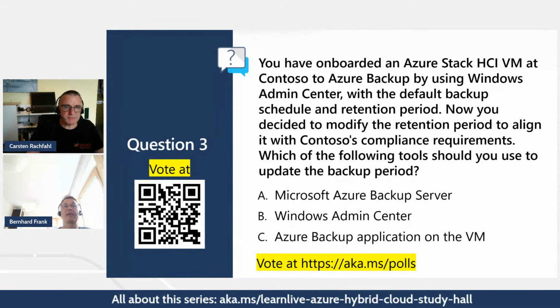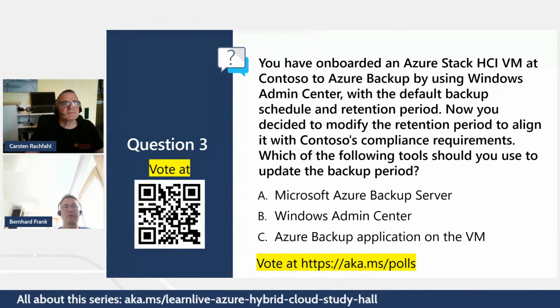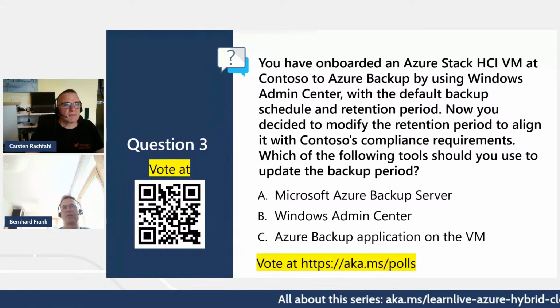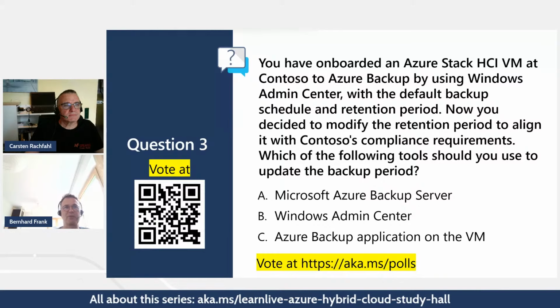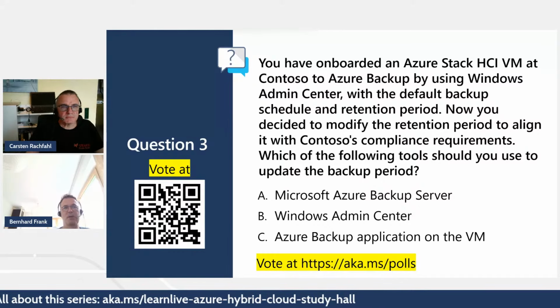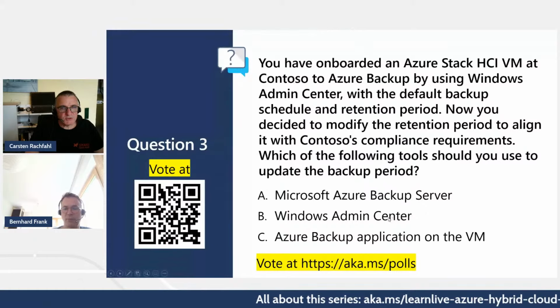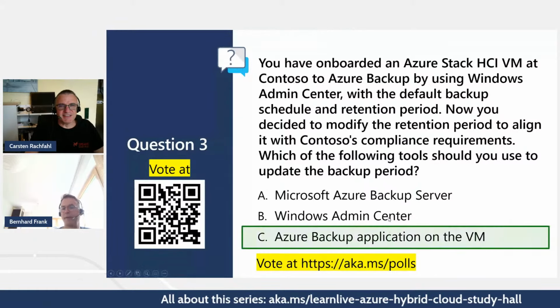So I think they are relating to the MARS agent, which is the small tiny software piece that you could put also into a virtual machine and back it up from there. Well, it could also be used on a server, right? So VM or server is a little bit misleading here. But the answer is, not to take it too long, the last option here.